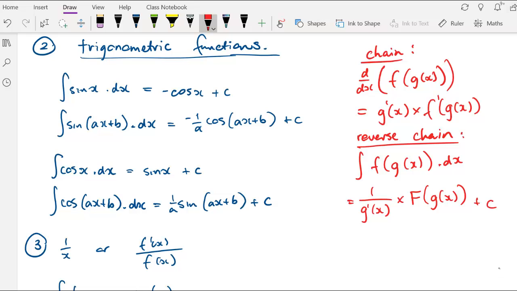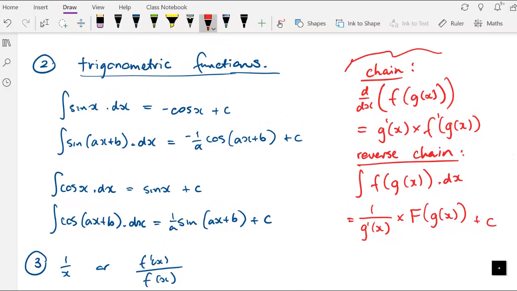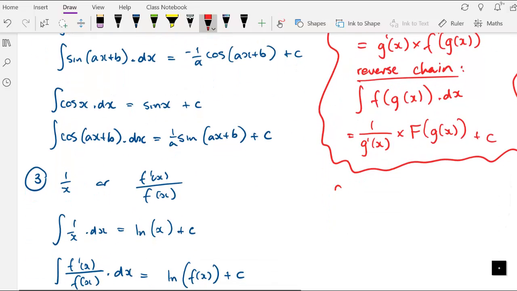And don't forget Charlie. Now, we just have to keep in mind that this is only when g of x is in that form ax plus b. So only when it's a linear function, because the derivative of that will be a constant. If we start throwing extra variables into there, they have to cancel out before we can apply this skill, and that will be the substitution method. We'll look at that in the next few lessons.